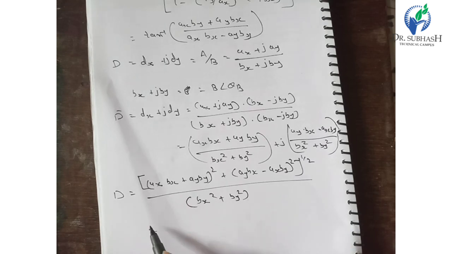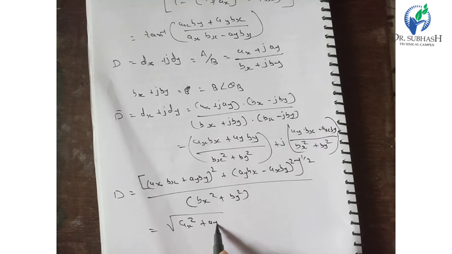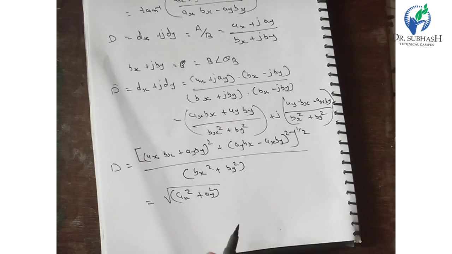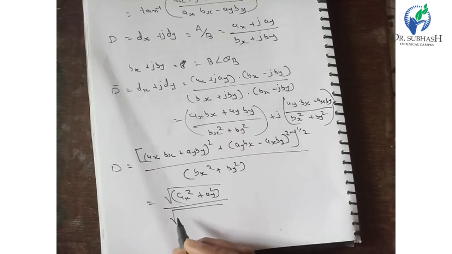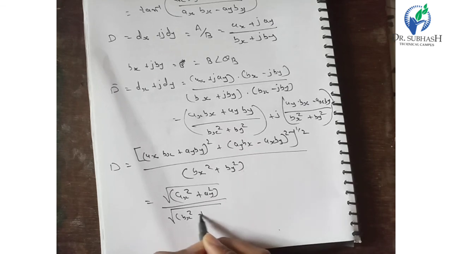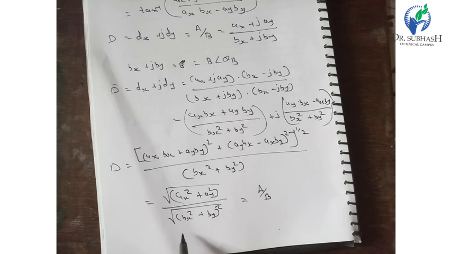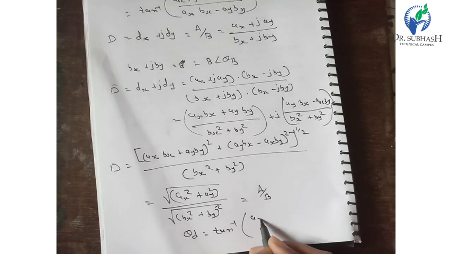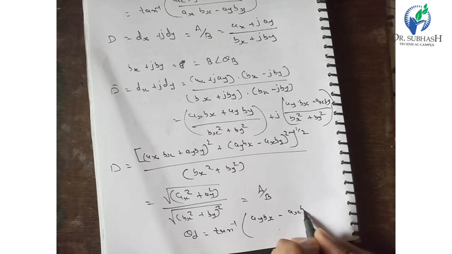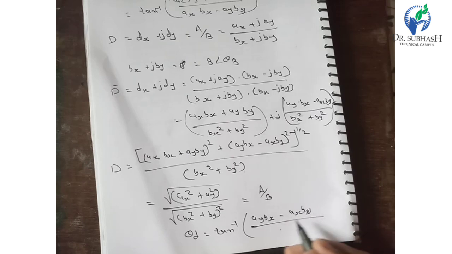So we can write the value as root of AX square plus AY square upon root of BX square plus BY square, which is A upon B. The angle of it is theta D, and theta D is equal to tan inverse of AY BX minus AX BY upon AX BX plus AY BY.